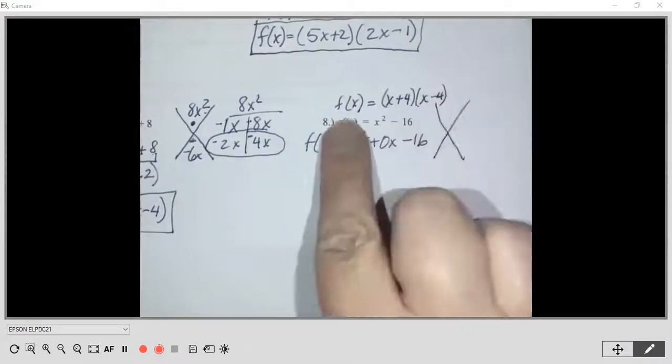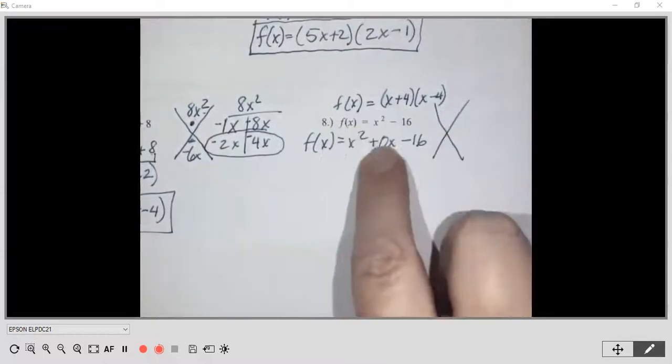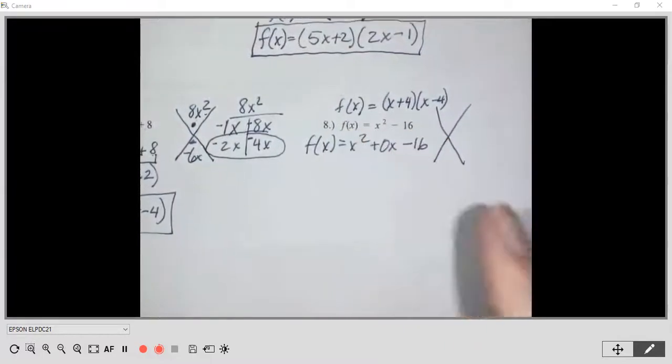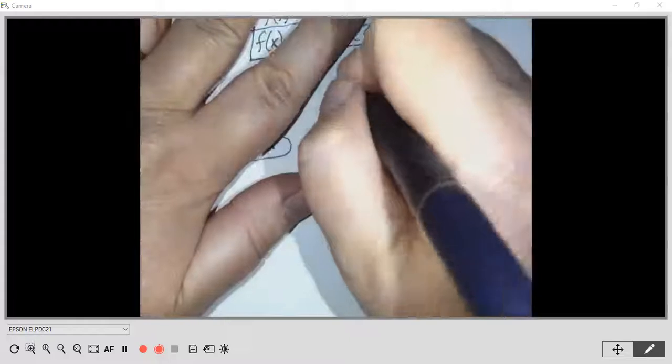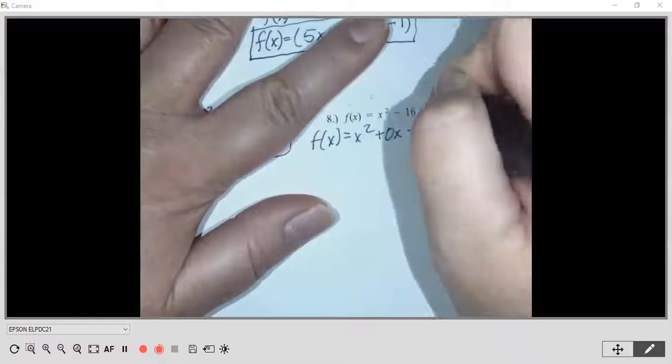Okay, but let me show you how that works out, even if you do the factor by grouping. So you have a strategy that always works, but you'll begin to recognize this right away. It's a perfect square. Okay, so I'm just going to erase this. And we're just going to use that same method, factor by grouping, recognizing that our b term is 0.